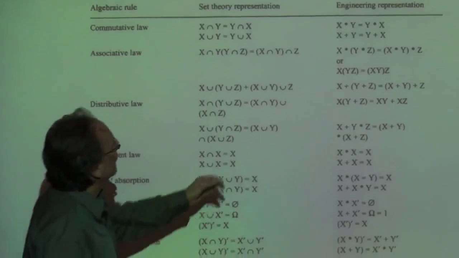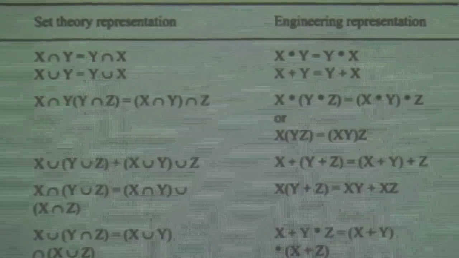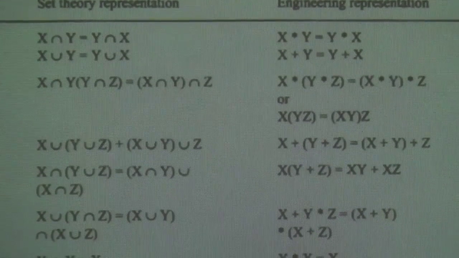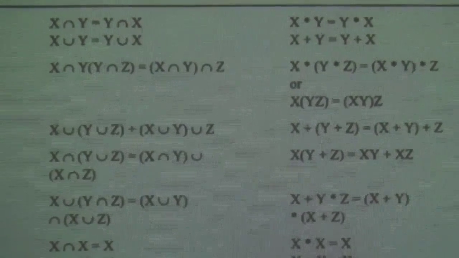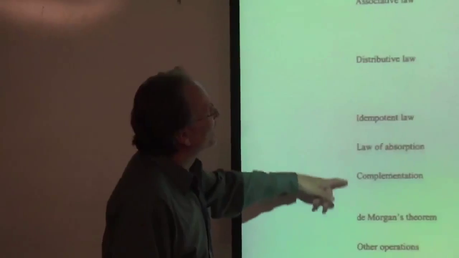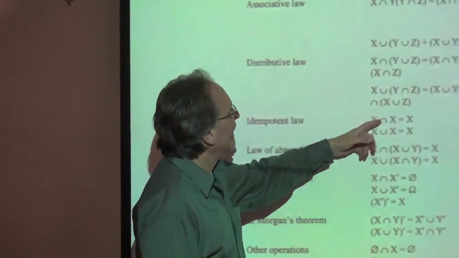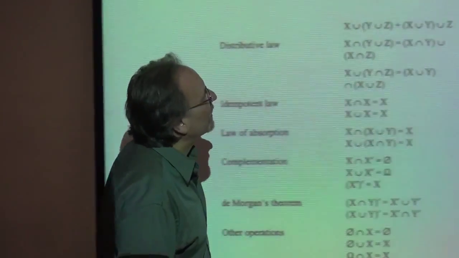And lots of times the asterisks are dropped so that you can just write it without even the asterisk. But you can't drop the plus signs for the union. It's a lot simpler to use, and it shows you all the laws expressed in set theory and the union and intersect symbols, and expressed with the quote-unquote engineering notation. Like I said, I like what he calls the engineering notation, just because it's a lot easier to write.